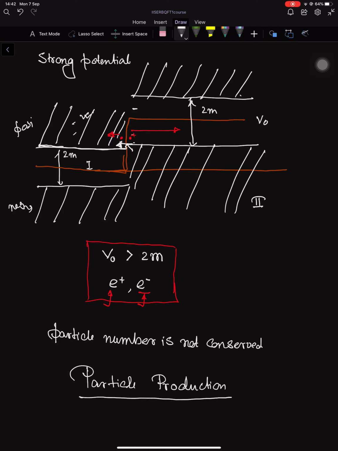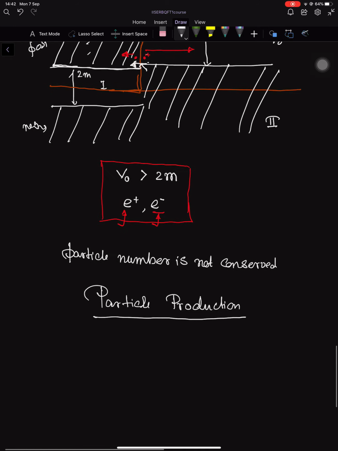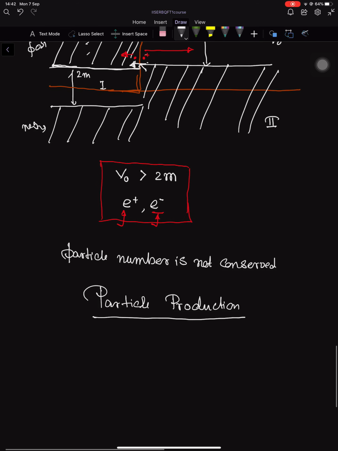This is a very important phenomenon. The first computations of this phenomenon were due to Heisenberg and later done more rigorously by Julian Schwinger.